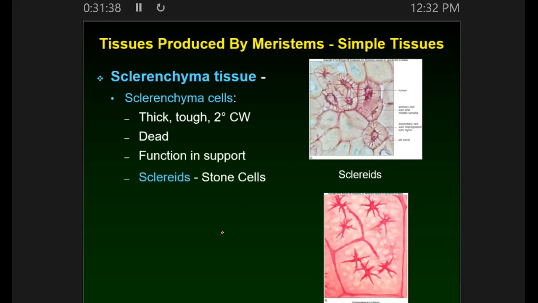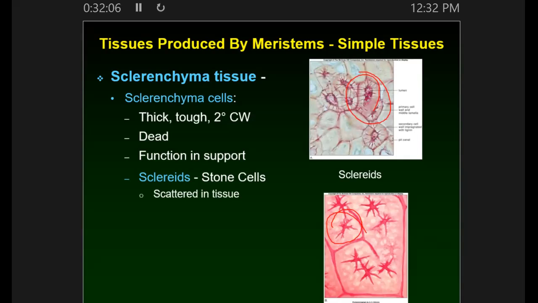You have these weird striations, weird starburst patterns. So there's really no one way that sclereids look. They can have different visual appearances, but they're all thick, tough, with secondary cell walls, dead at maturity. And sclereids tend to be scattered in different parts of the plant body.